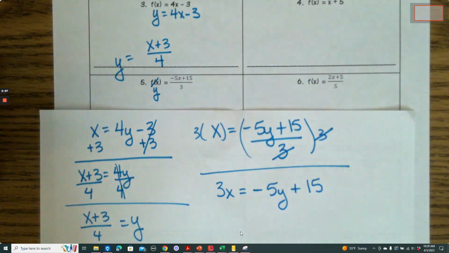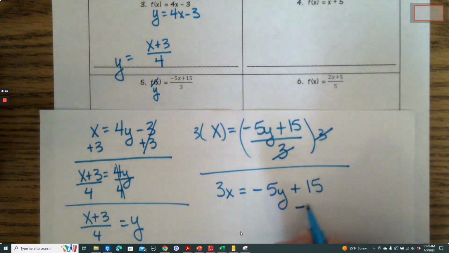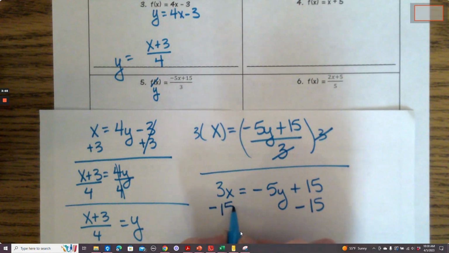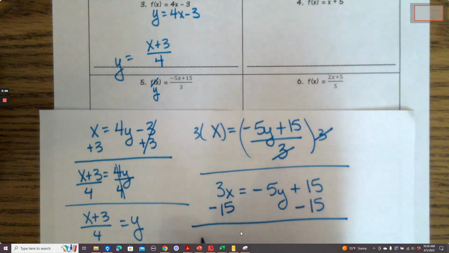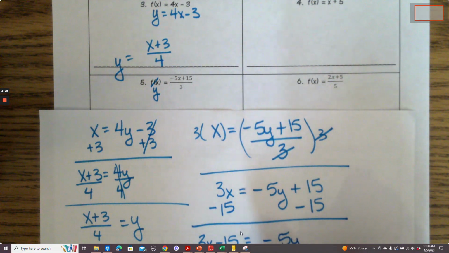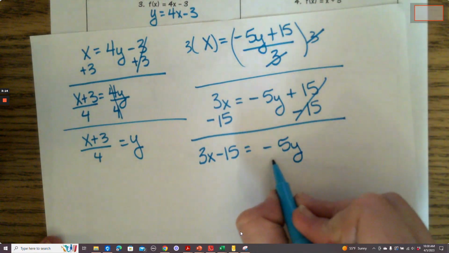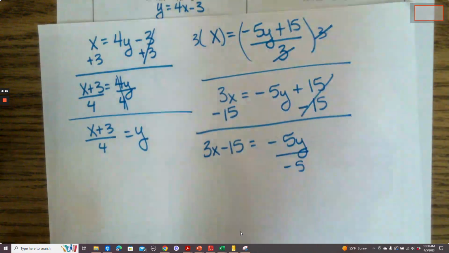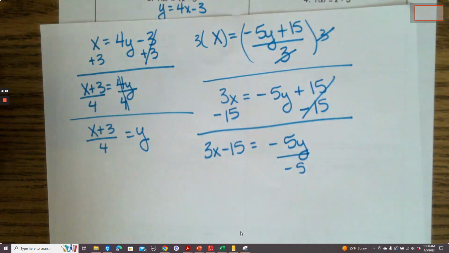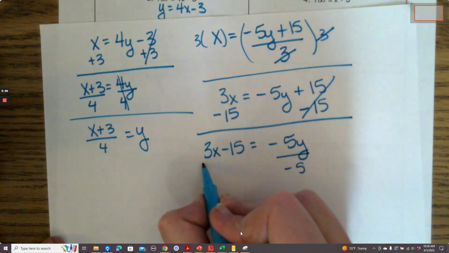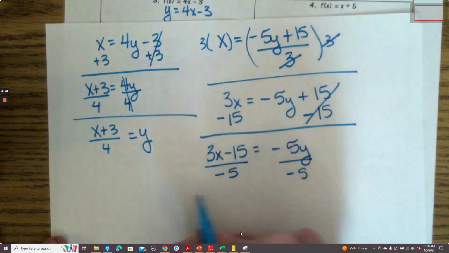Okay, what's my next step? Subtract 15. So 3x minus 15 equals negative 5y. Okay? Divide by negative 5.